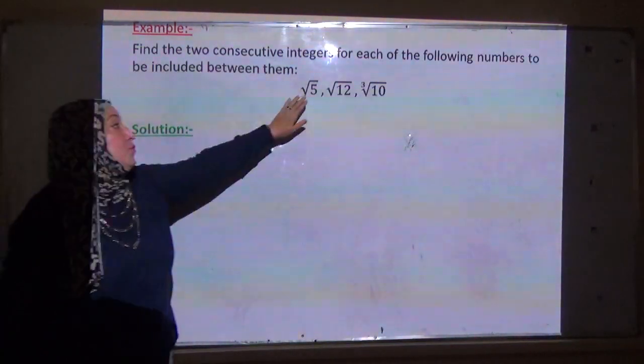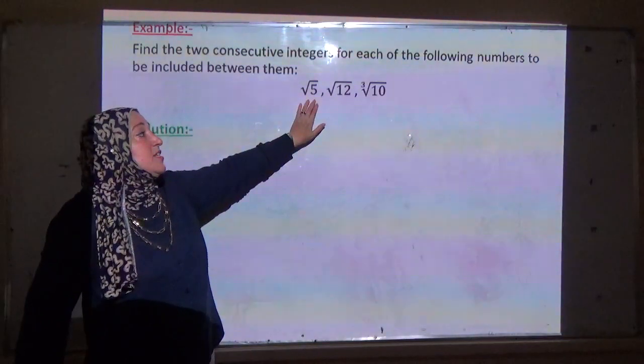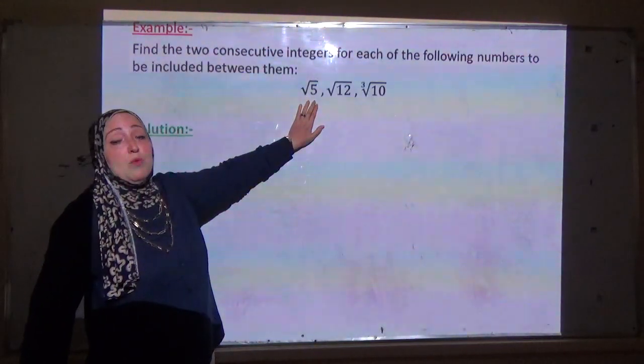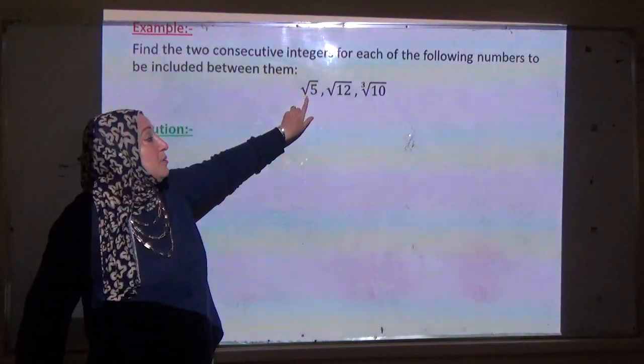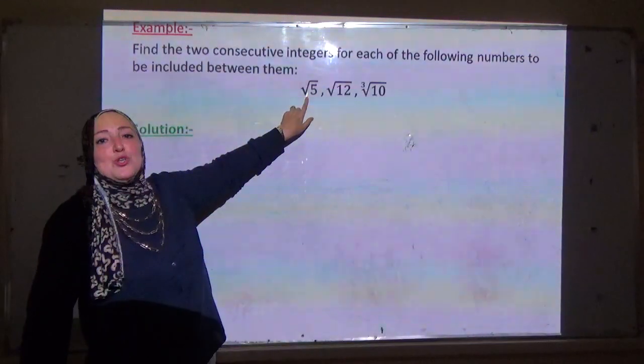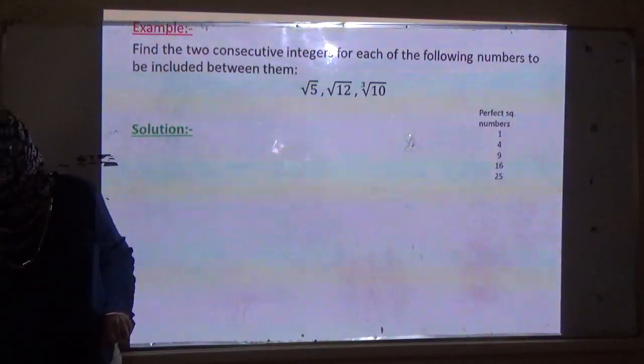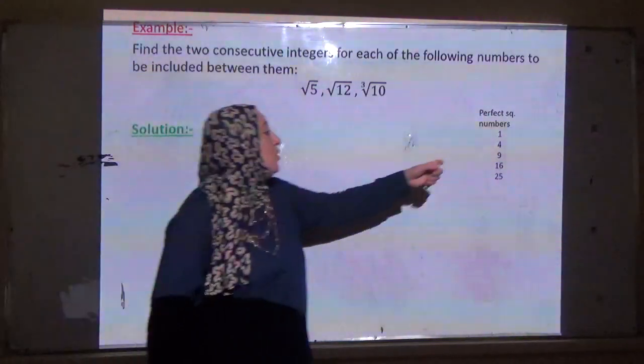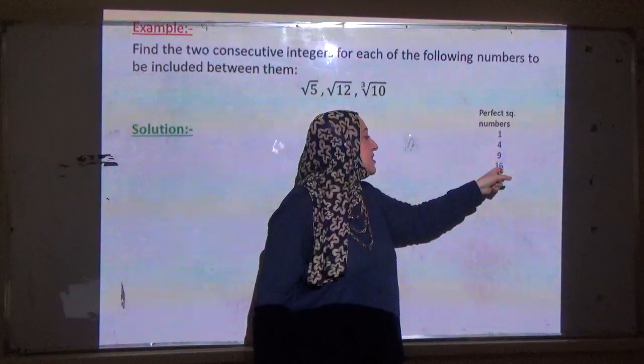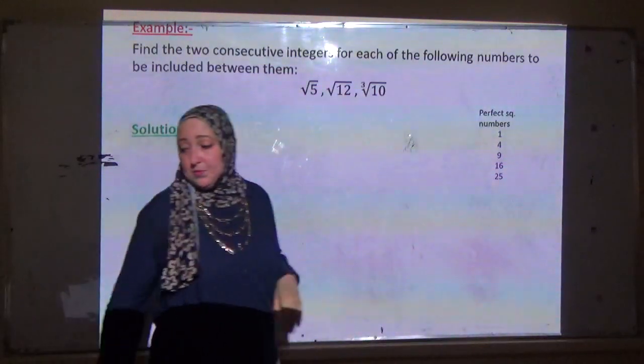First, for root 5, write the perfect square numbers. Why perfect square numbers? Because he asked about square root. So we need to write the perfect square numbers: 1, 4, 9, 16, 25, and so on.